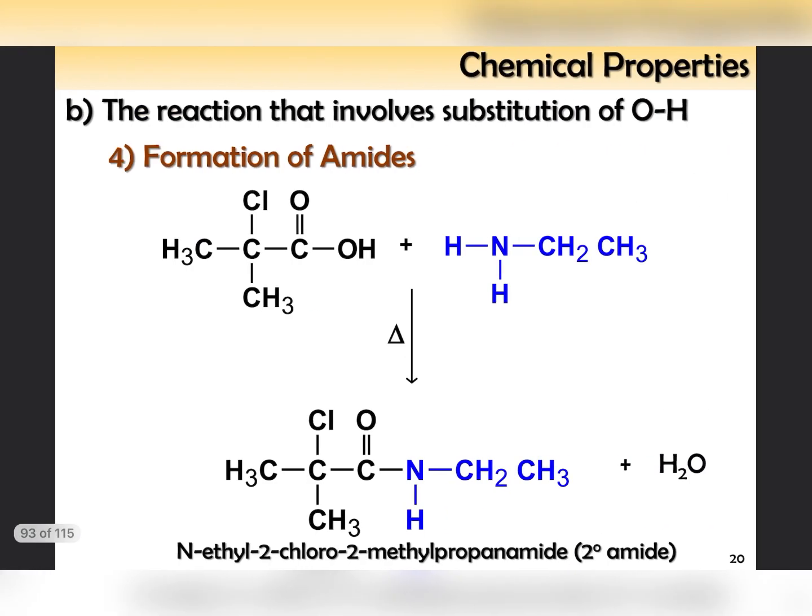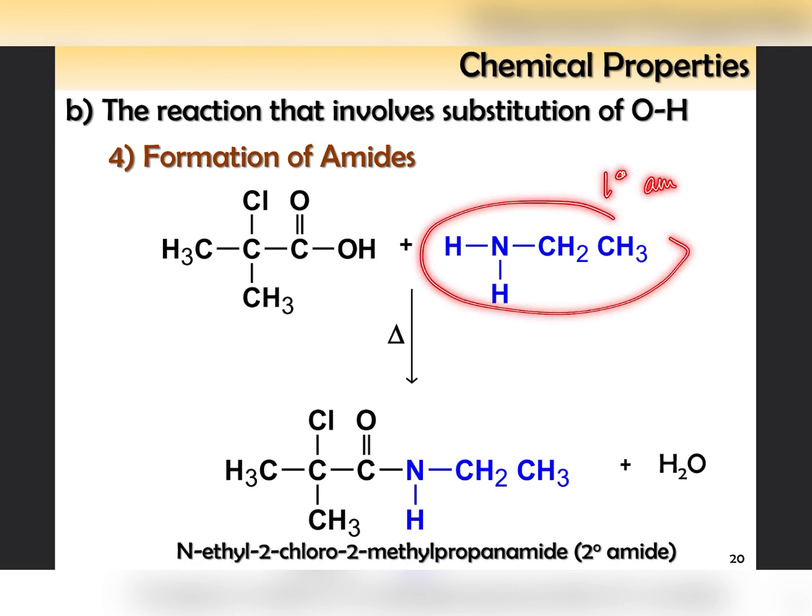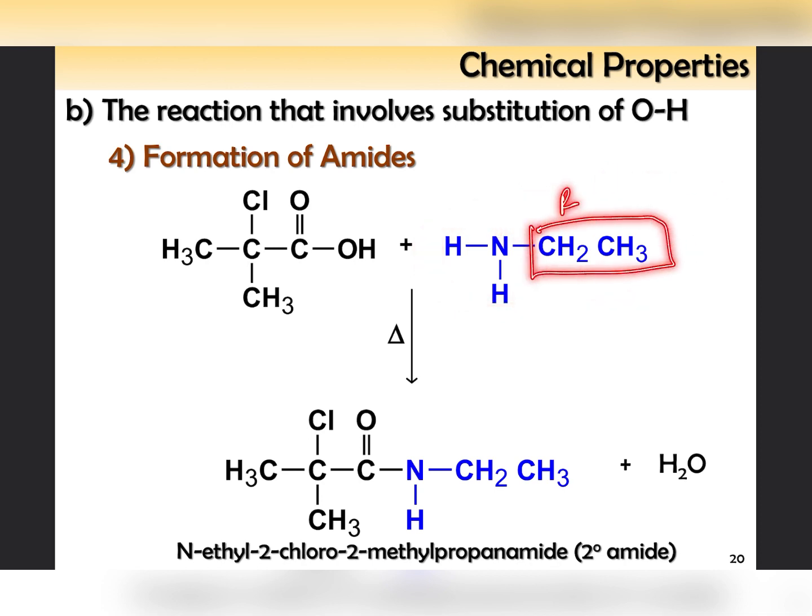Okay, next example. Let's say we have this primary amine. So this is your primary amine. Okay, so this is your NH2. You have one alkyl group on one side. So this will form a secondary amide. Why?